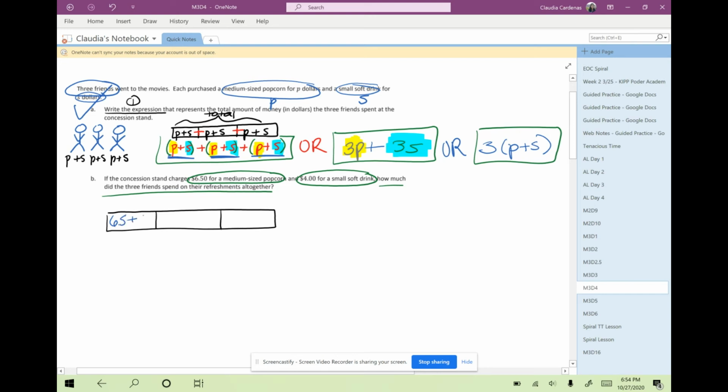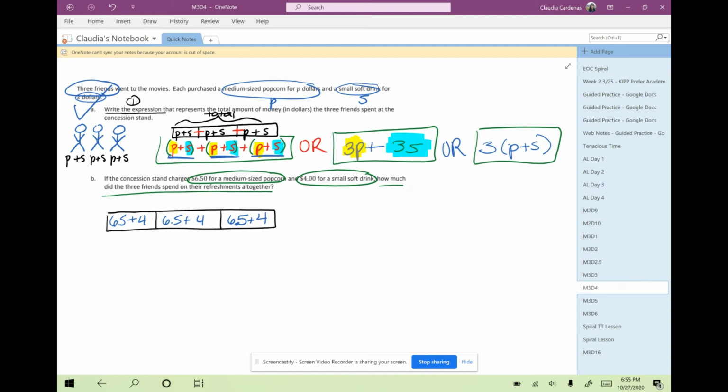Then they have to add the cost of the soda, which is $4. So just because I'm putting this in the box to save room, I'm going to take away those zeros. And I'm going to repeat that 3 times because the 3 friends bought the same 1 popcorn and the same 1 soda. Okay, now my tape diagram has $6.50 plus $4 in each box.